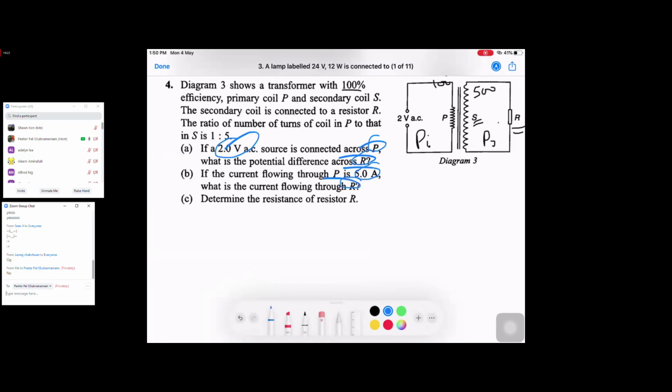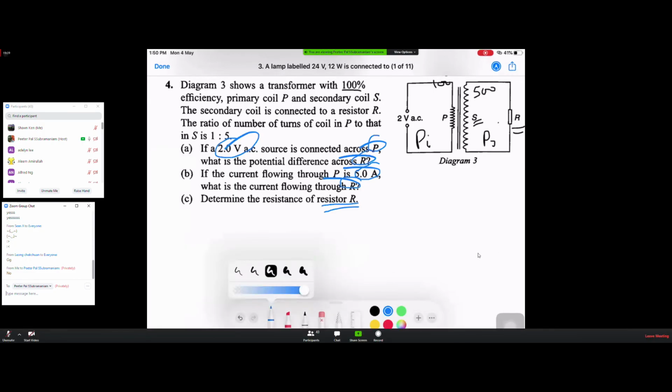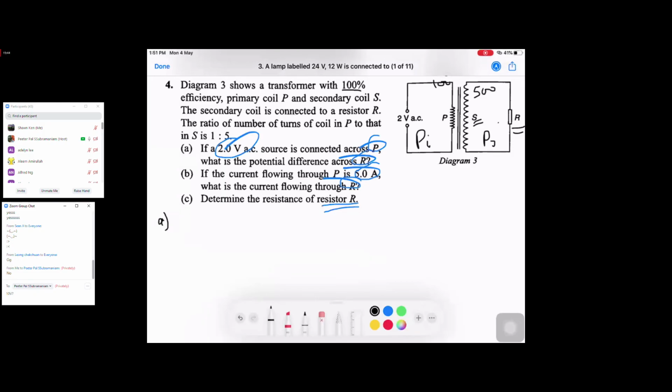And finally, determine the resistance of resistor R. Semua orang cuba. All of you try.